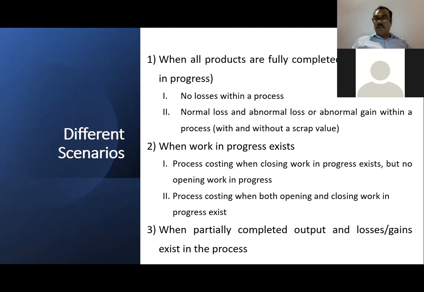It's the same thing. First one is no work in progress, but losses are there. Here, work in progress. The third one, work in progress and losses are also there. So we complicate the situation.